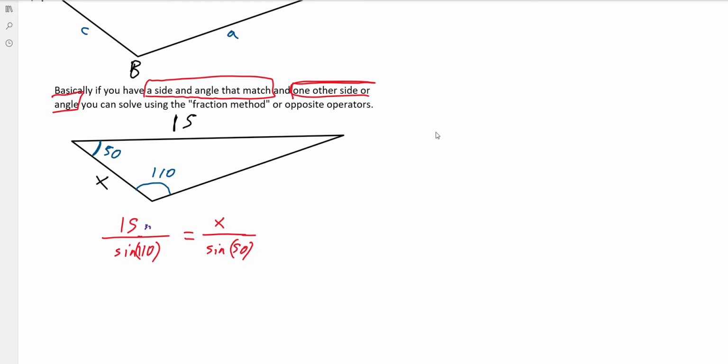So sine 50 goes here, and sine 50 goes here. And so we can cancel, and we'll be left with x equals 15 times sine 50 over sine 110.